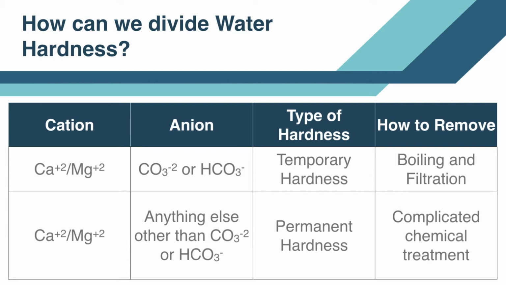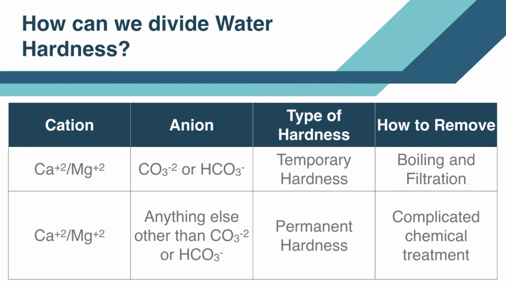So the cationic part present in your salt will not decide whether the hardness is temporary or permanent, because the salt can be calcium and magnesium for temporary hardness, and that salt can be calcium or magnesium for permanent hardness. So you cannot decide temporary and permanent hardness depending on the cation present in your salt.